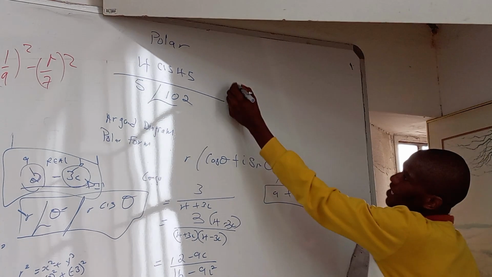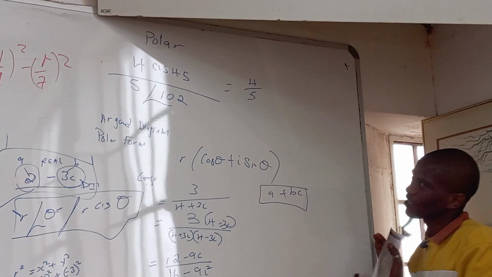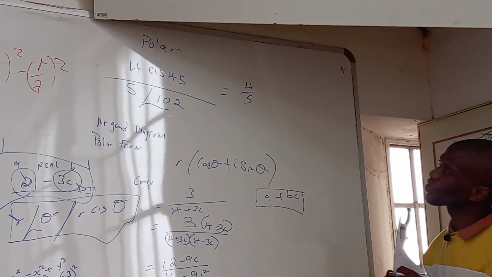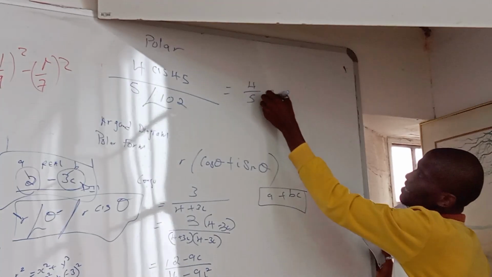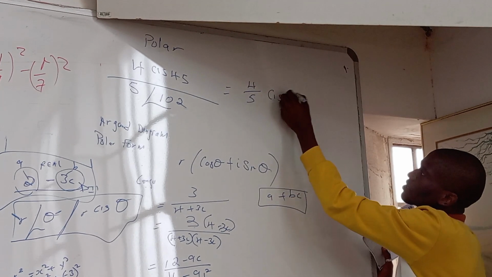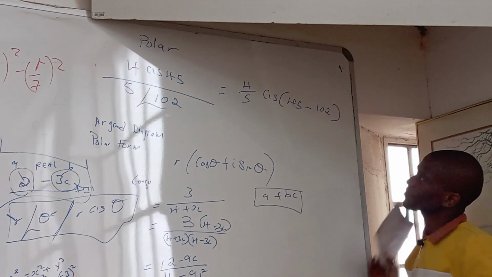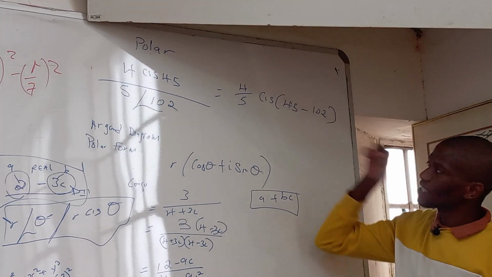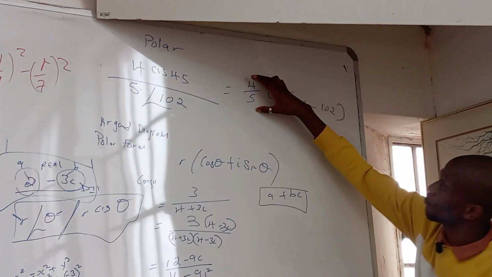but it will take a long time. So the easy one is you can just say 4 divided by 5. The most important rule is then here you can just have cis, because you open 45 minus 102. Right. What we did, guys, we divided the moduli, 4 over 5.